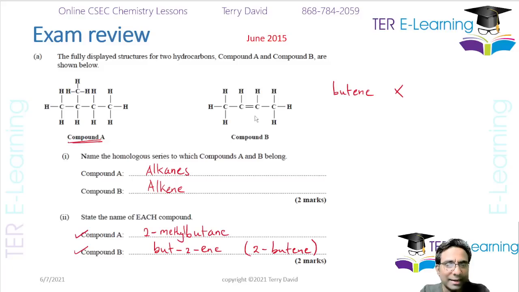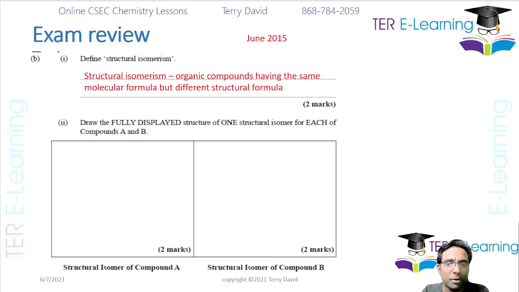When you have an alkene and you want to write an isomer or draw an isomer of it, all you need to do is to change the position of the double bond. So you notice the double bond right now is between the second and the third carbon atom. This is where your double bond is. What I'm going to do is just shift the double bond. So if I shift the double bond, right, then it's going to become this. Now please be careful when you're drawing these diagrams.